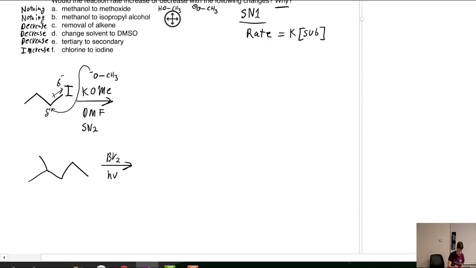So we're going to attack that, and we bond to this carbon here. So this carbon here, O CH3.